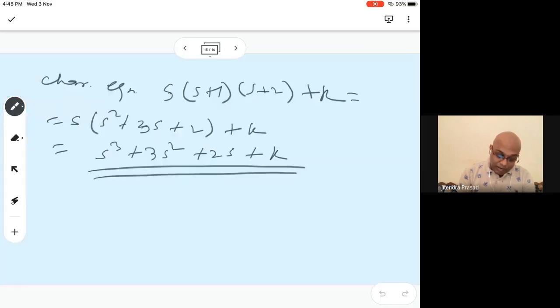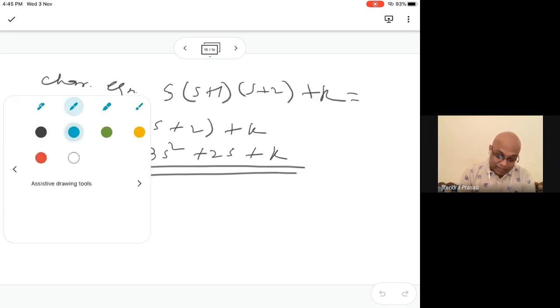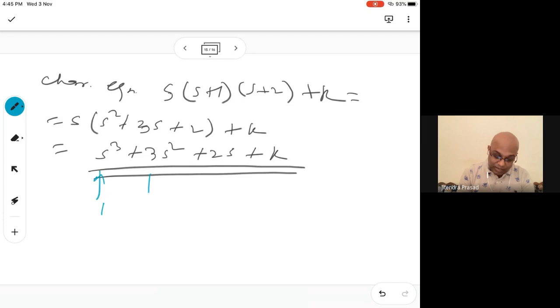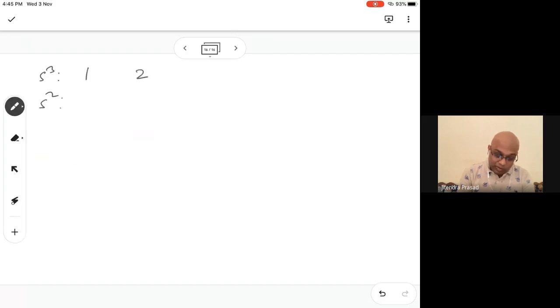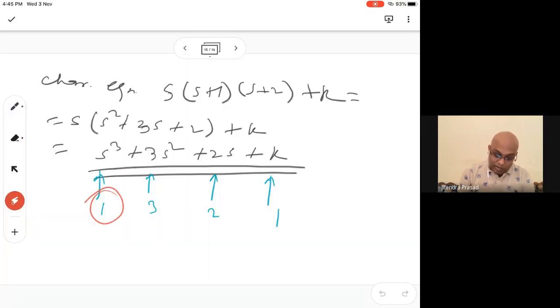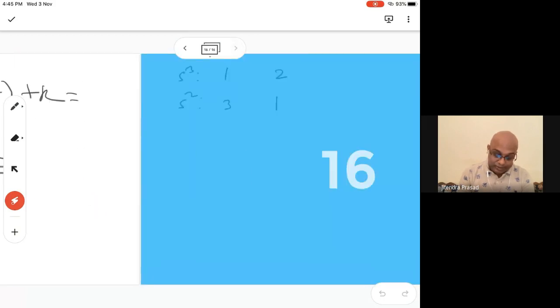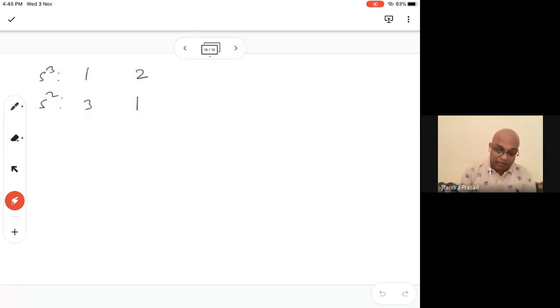S cube has 1, S square has 3, then 2, then K. So first will be 1 and 2, and then 3 and K. So alternate: 1 and 2, 3 and K. Now we go further. So we have S, then we have 1 like this.